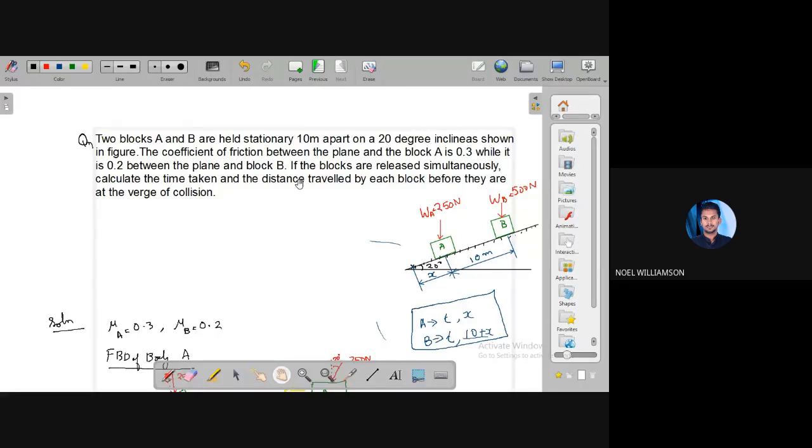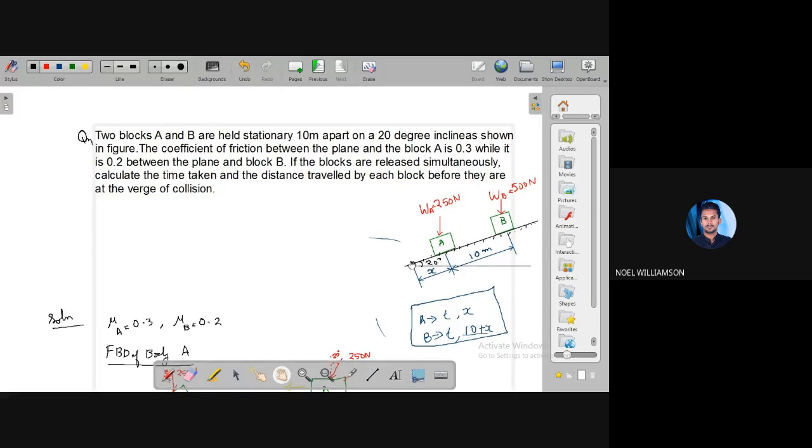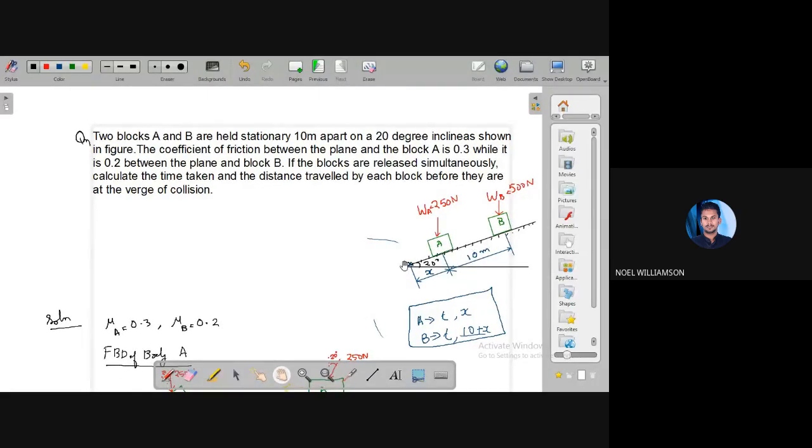So we assumed that at a point which is at a distance x from A, A and B collide. So the distance from B will be x plus 10, because initially A and B were separated by a 10-meter gap.